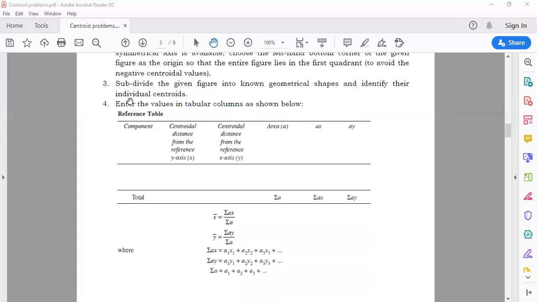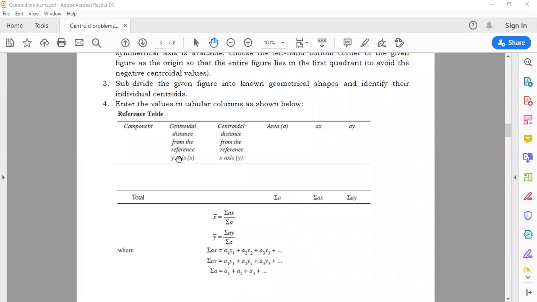So next, you are supposed to subdivide the given figure into known geometrical shapes. In the sense, as I told you, if the given section is the combination of different geometrical figures, you are supposed to first separate them into common geometrical figures, and then identify individual centroids. Once you divide them and identify individual centroids from reference x-axis and y-axis, then you enter the same in this table.